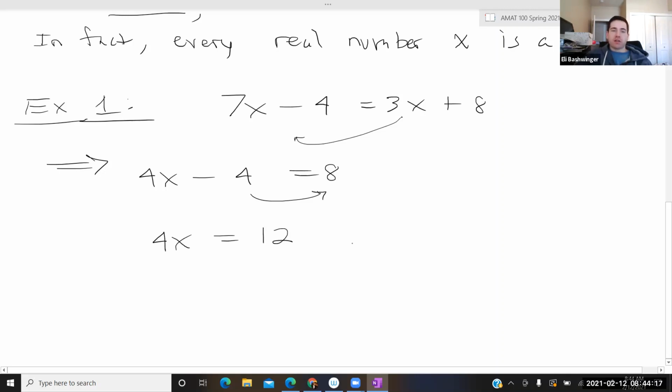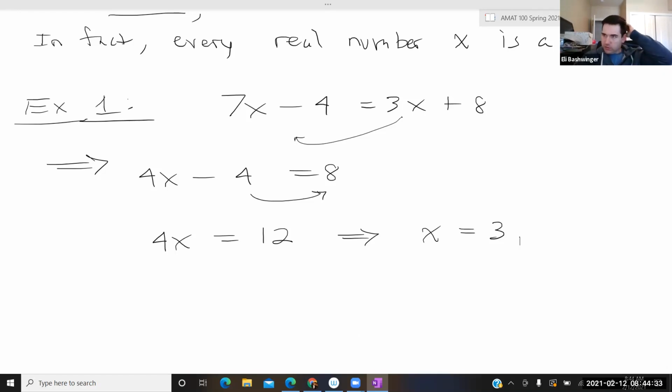That will give us 4x equals 12, and then we can divide by 4 to get x is equal to 3. So any questions on that, or is that pretty straightforward? Okay, so let's move on then.